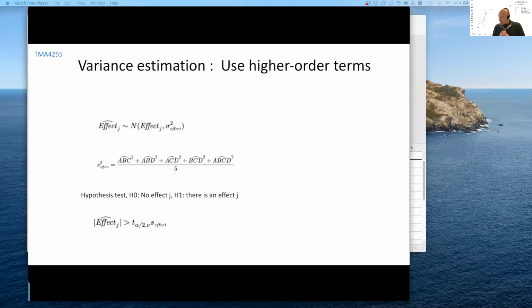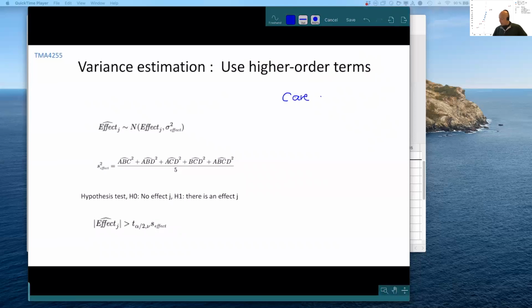Okay, so if we ignore the higher order terms, we got some redundancy to estimate the variance. So for instance, we can say, okay, we care about the main effects. So that means in our case, A, B, C, etc. D could be more.